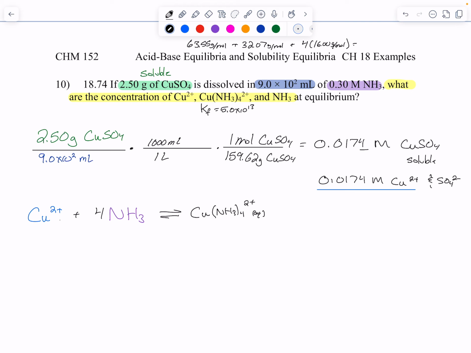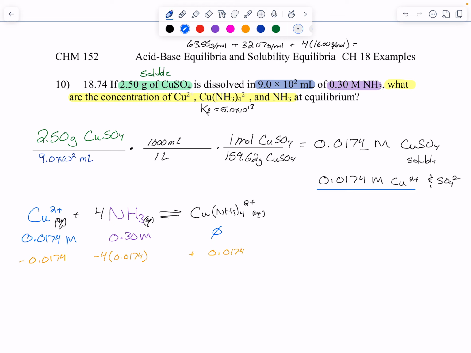All right, so we're starting off with what? 0.0174, 0.30, these are molarities, and nothing. Well, we got the change. The change is going to be minus 0.0174 because we're assuming it's going to go all the way, and then a back reaction. Minus 4 times 0.0174, plus 0.0174.